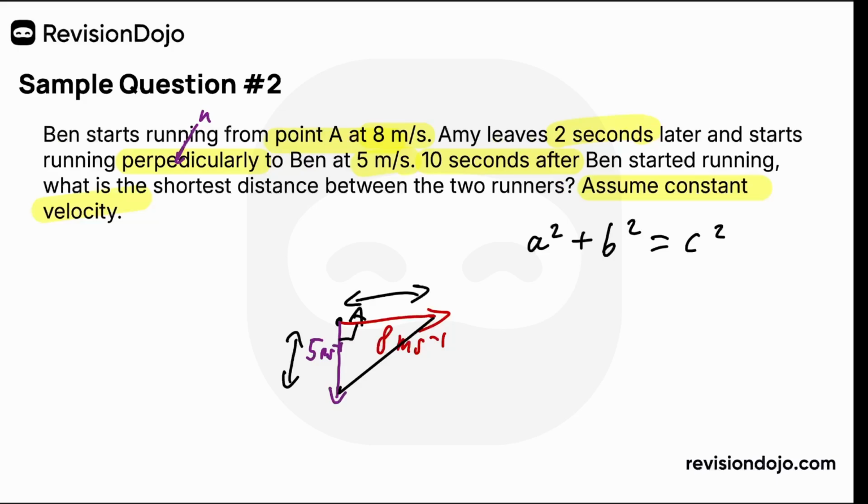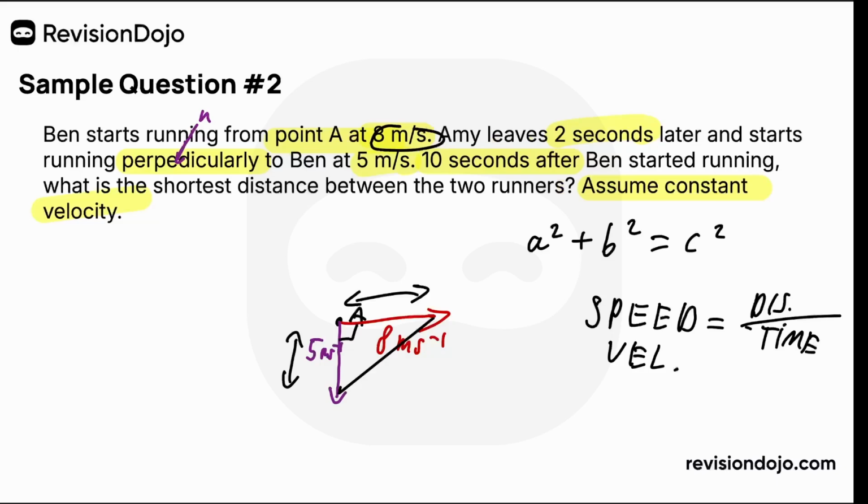Well, let's recall our speed formula. Or velocity, again. Here it doesn't matter because we're talking about straight lines. We remember that this formula is distance over time. This time we have speed. Here, 8 meters per second, 5 meters per second. And we have time, so we just need to do some equation rearranging.